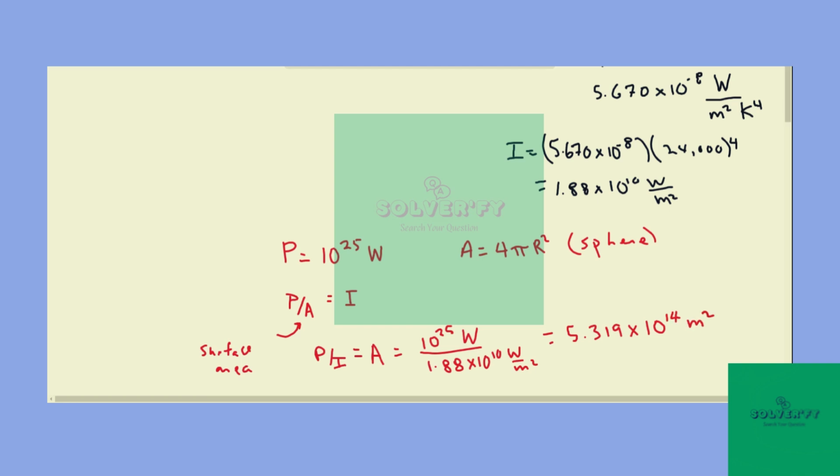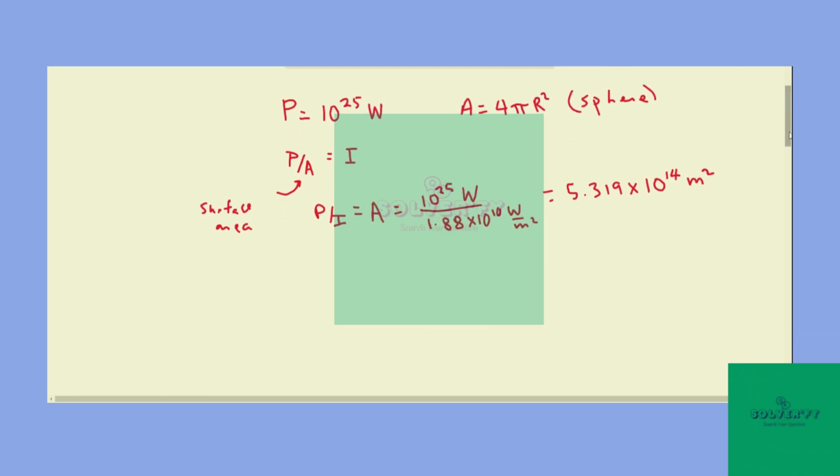Again, we don't have much feel for that, but let's figure out the radius of this star, and then we'll compare it to some known objects in our own solar system. So the radius is then the square root of the area over 4 pi.